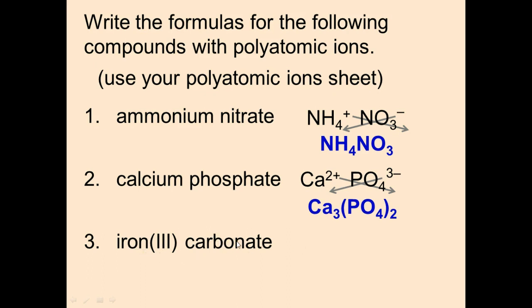Carbonate is on the polyatomic ion sheet, and carbonate has a charge of 2-. And this is how it looks. And then we cross the 2 charges, and so Fe will have a 2, and then because we will have 3 of CO3, we have to put CO3 in parentheses and put the 3 outside, and so it's Fe2(CO3)3.